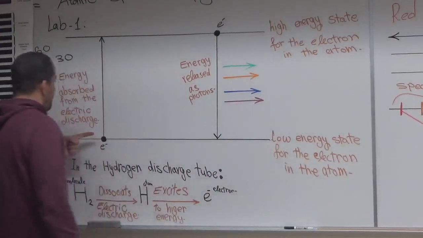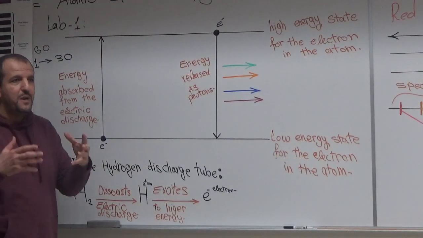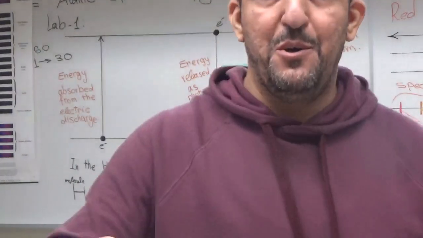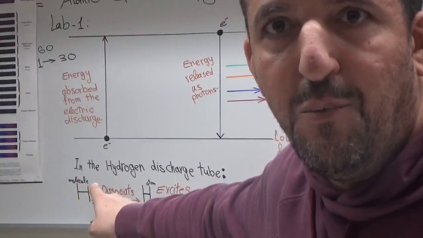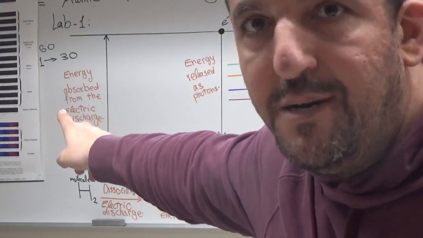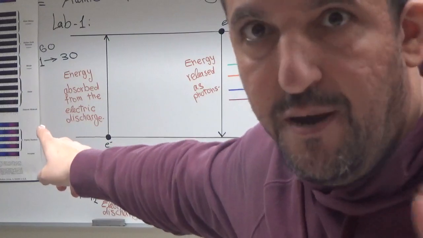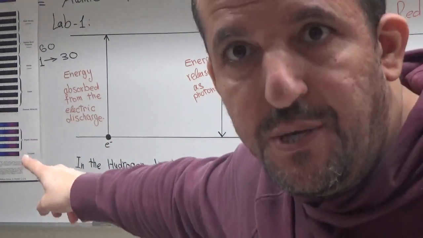So if we excite the electron, that means we provide the electron with energy. What will happen if we provide the electron with energy? The electron that you can see right here will jump to higher energy. Jumping to higher energy doesn't mean that the electron has a different position. No, it means the energy of the electron is changed.